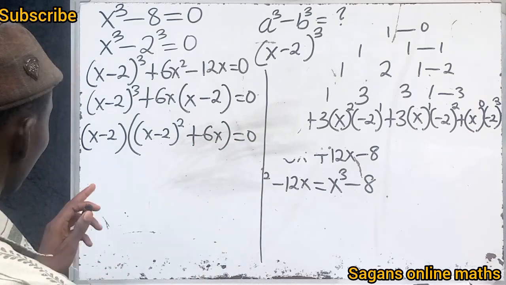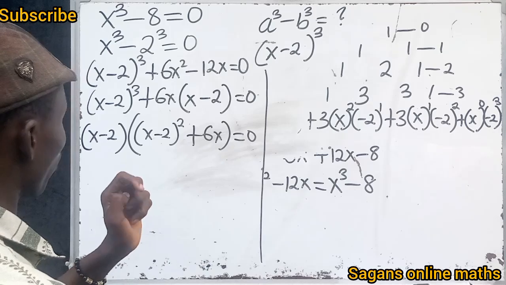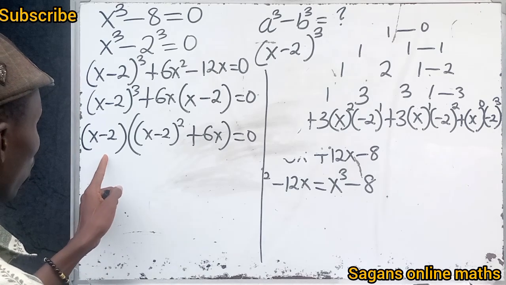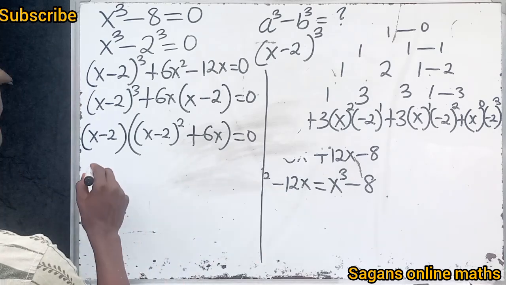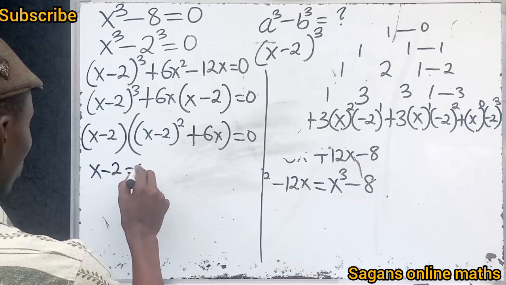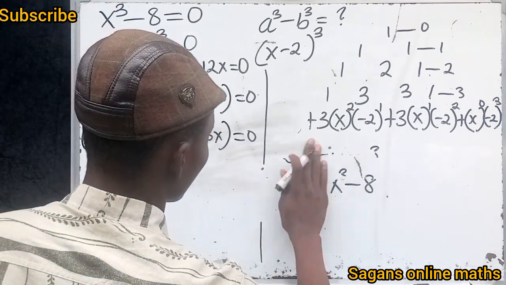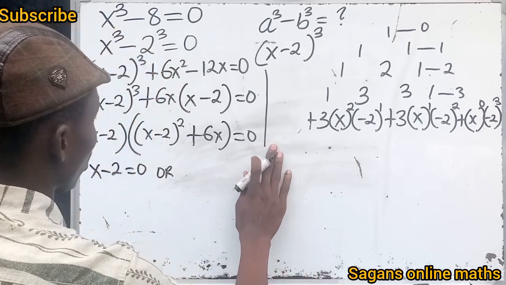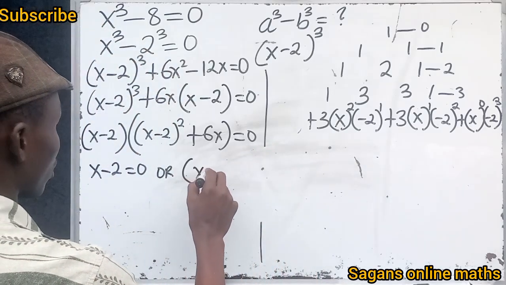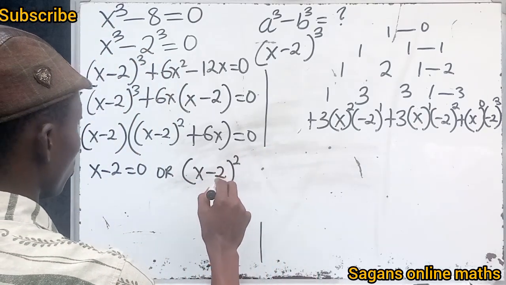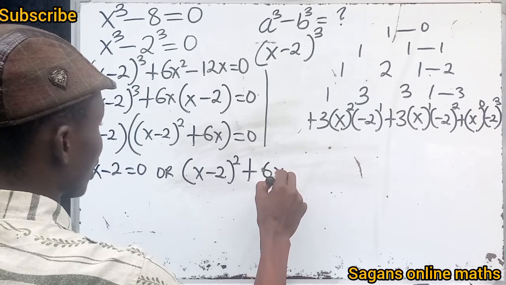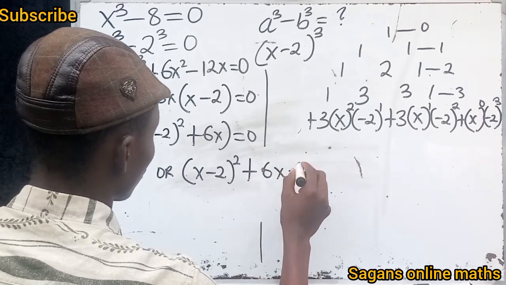Now when the product of these is equal to 0, it means that one of the parentheses is equal to 0, or both of them are. So you can see that x − 2 = 0, or (x − 2)² + 6x = 0.